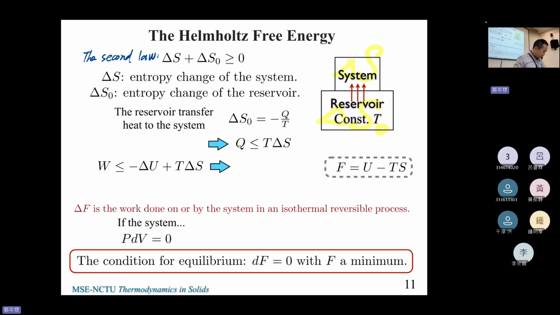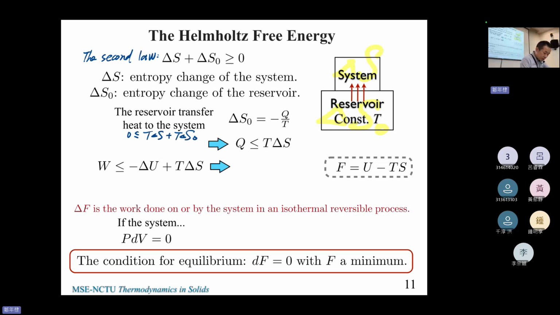If we put all this here, 0 is less than or equal to delta S plus delta S naught, and at constant T, we just multiply by the temperature.